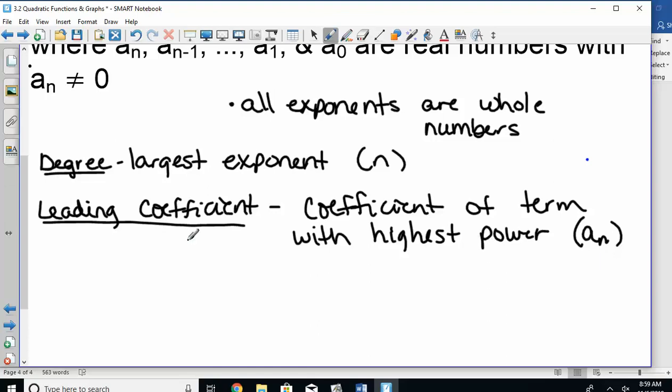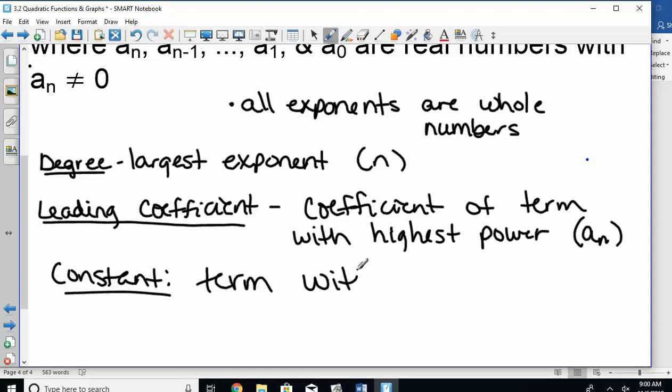Then if I'm talking about the constant, what is that? Constant is a term without a variable.